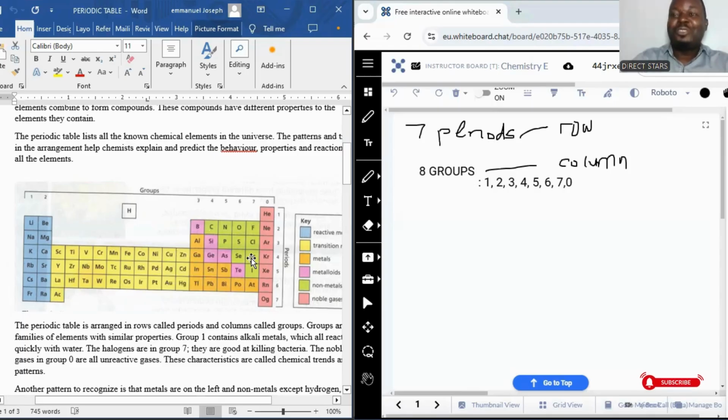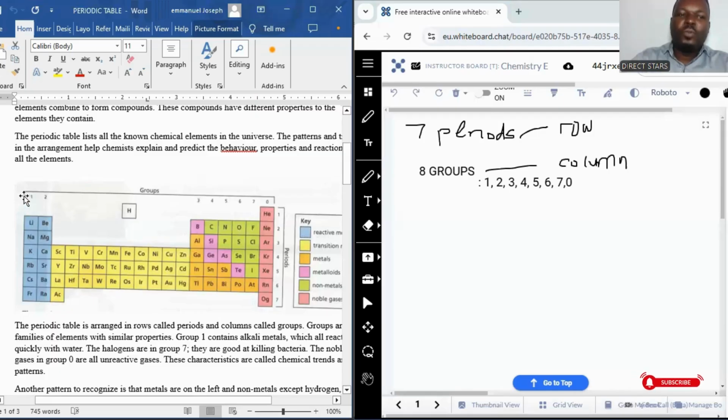However, you need to take note that different texts use different colors to represent these elements. So in some texts, you may see colors that are different from what we have here. Okay, the key is looking out for the key and using it to know what kind of elements are represented in each column. Okay, if you look at this periodic table, you will notice we have more metals.